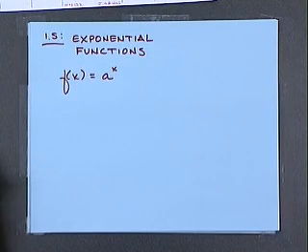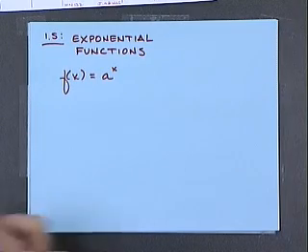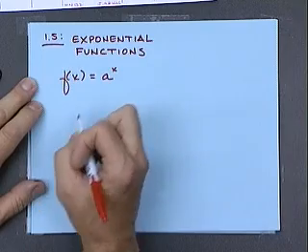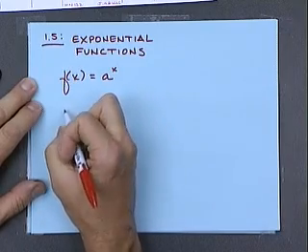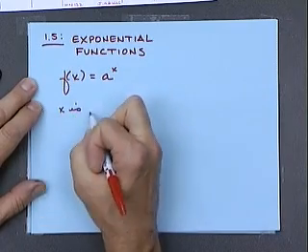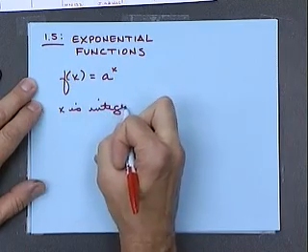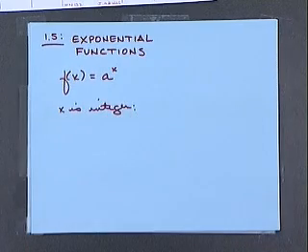It's not very interesting if a is 1. If a is 1, we have 1 to the x. Well, 1 to the x is not very interesting, and probably really it doesn't fit into this section. If x happens to be an integer, then we kind of know what that means.